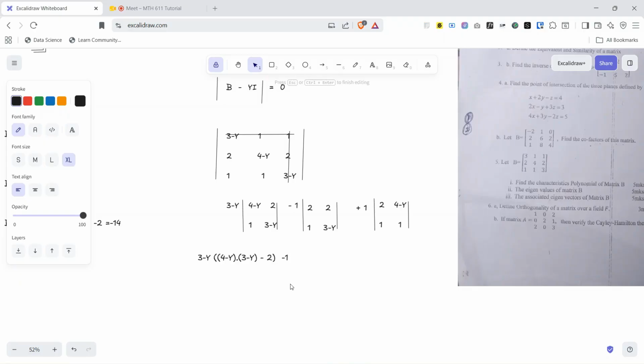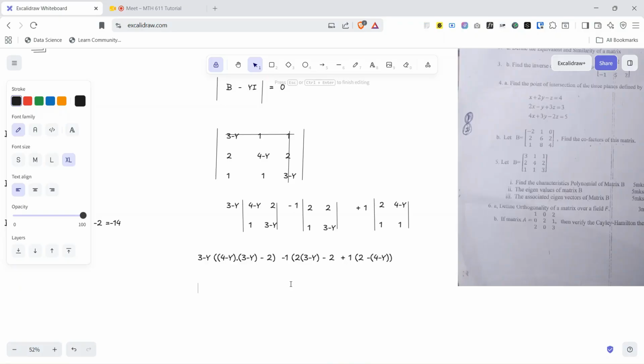Then minus 1 into 2 into 3 minus lambda minus 2. Then plus 1 into 2 times 1 is 2, minus 1 times 4 minus lambda, that's 4 minus lambda.